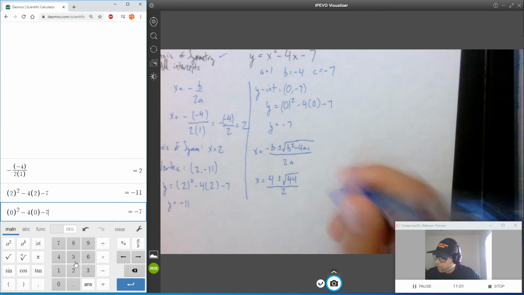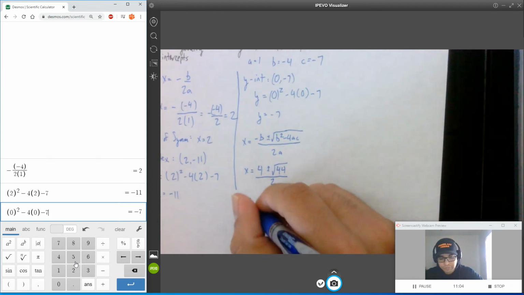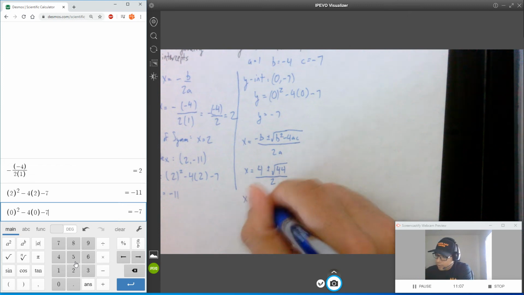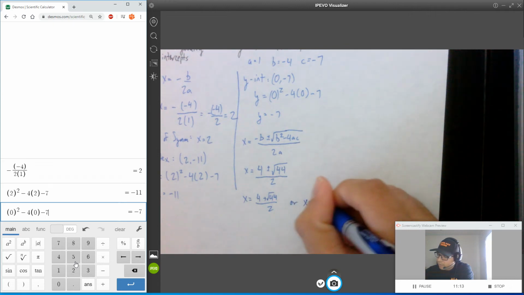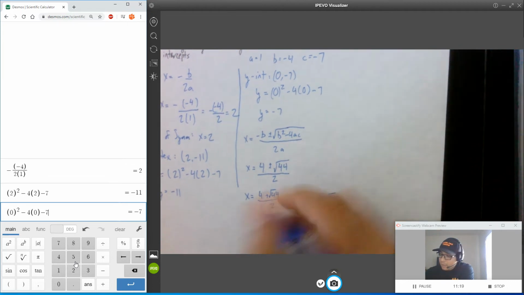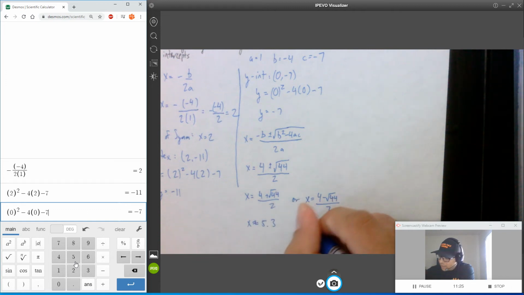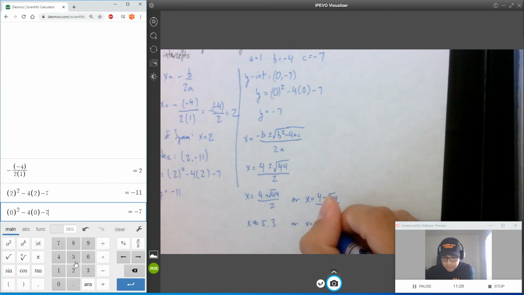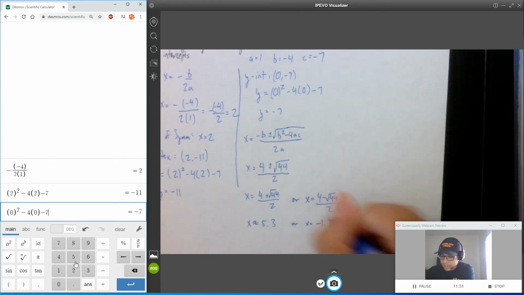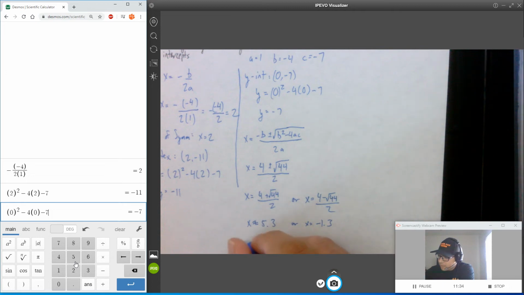We get that x is equal to 4 plus the square root of 44 over 2, or x is equal to 4 minus the square root of 44 all over 2. The approximate values are 5.3 and -1.3. So my x-intercepts are -1.30 and 5.30.